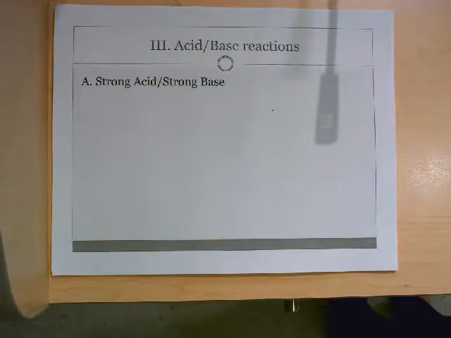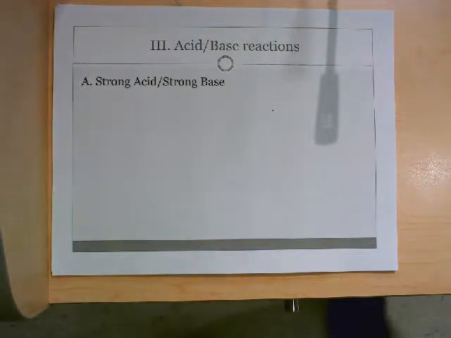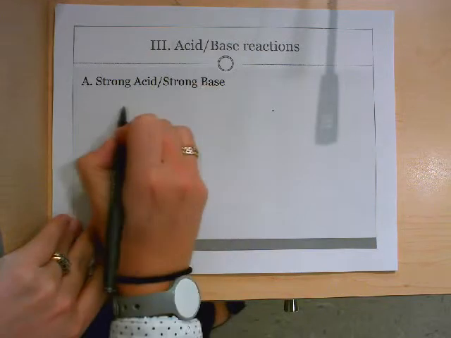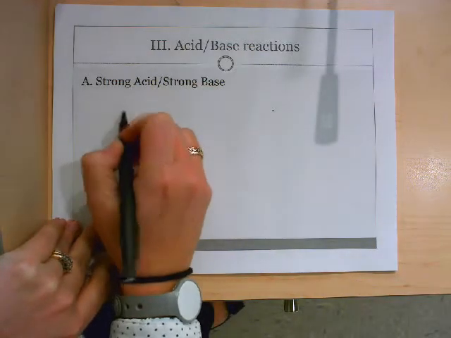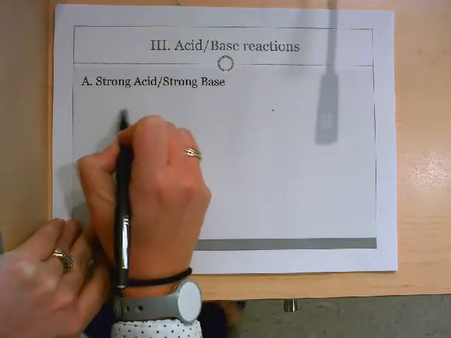Alright, so let's first talk about how we predict reactions. An acid-base reaction means I have either a strong acid or a strong base in the solution. They could be reacting with each other, or I could just have one in water. So we looked at strong acids before, right? There's 6 of them.